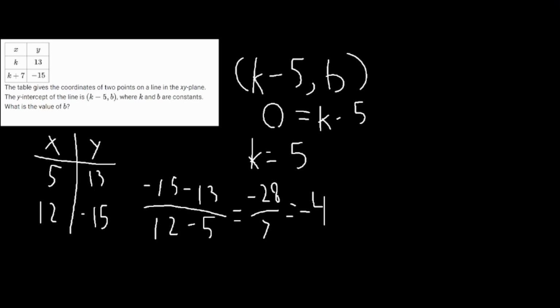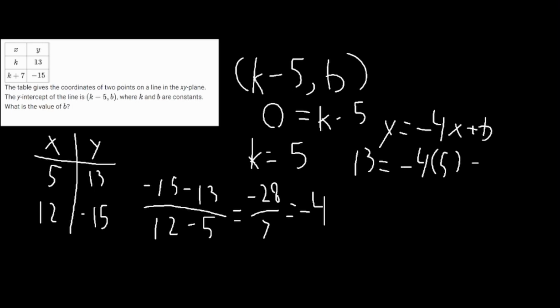Now we have the equation y equals negative 4x plus b. And we can plug in one of our points to solve for b. So 13 equals negative 4 times 5 plus b, which will be negative 20. And so we add 20 to both sides, and we get 33 is equal to b. That is our answer.